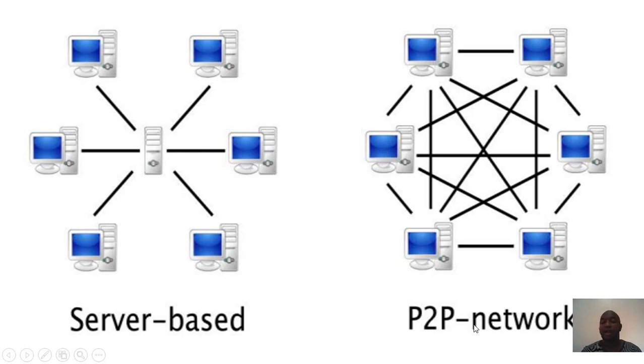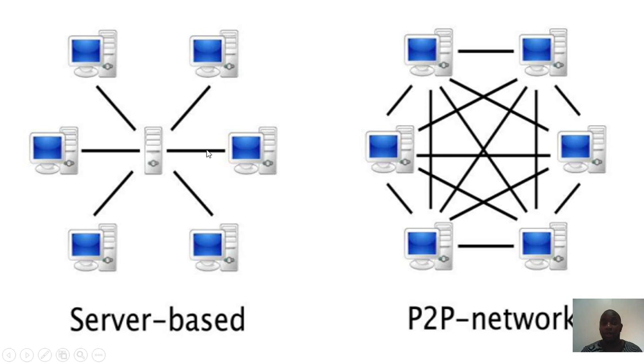The next one is P2P. You can see this is an example of a P2P. It's slightly complicated and very expensive because a device is directly connected to a computer. You can see, in a case of this, this computer is connected to this computer, this computer is connected to the same computer, and this computer is connected to the same computer.